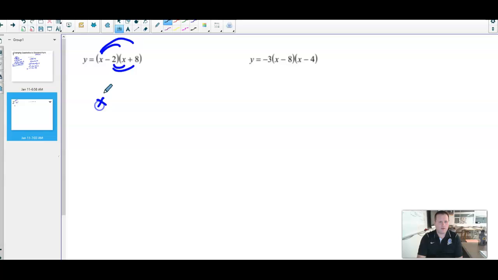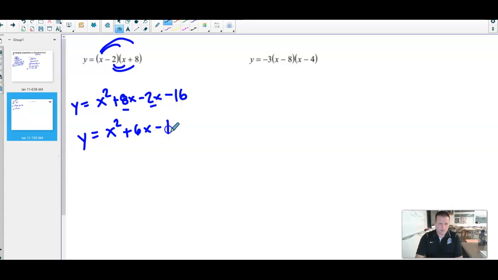So this would be x squared plus 8x minus 2x, and then minus 16. Again, going a little bit fast because we've done this before. This should not be really anything new. So I'm going to combine these, which should give me 6x and 16. Be careful when you see something like this one on the right. I would take care of these first, so you're going to distribute this first.